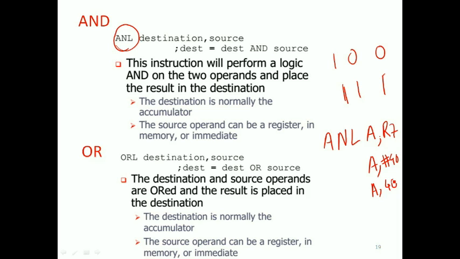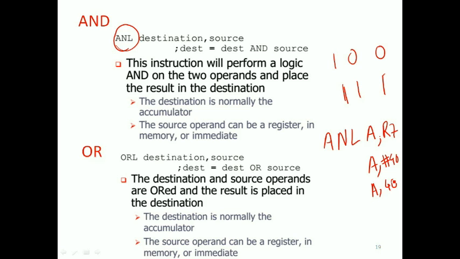In a similar way, you know what an OR logic is. Two register contents can be ORed in a similar fashion. Your destination register can be the accumulator, and your source register can be one of the registers in the register bank, a direct address location, or even an immediate data.